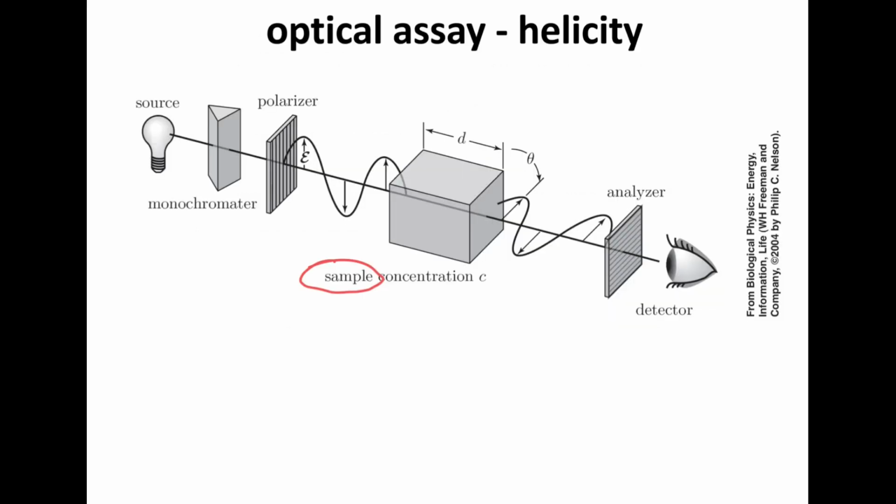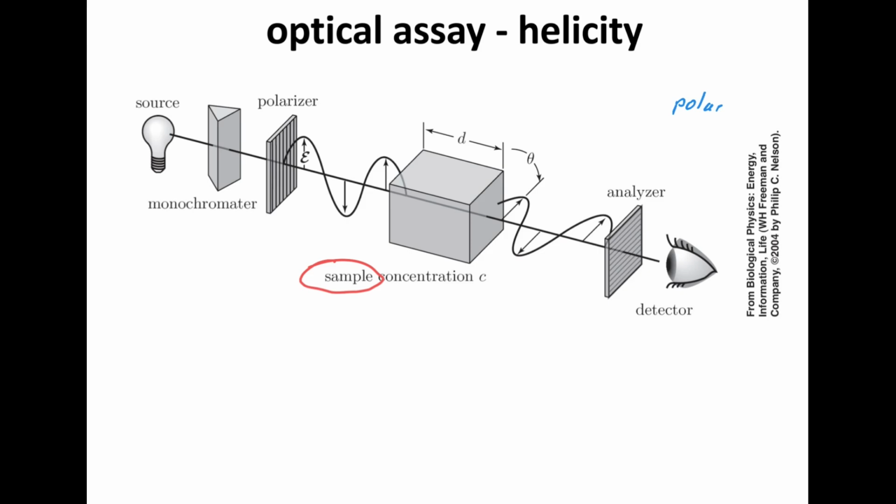Let's briefly discuss first how Anfinsen distinguished folded from unfolded proteins. And for that he used an optical technique. A monochromatic and linearly polarized light source was projected through a sample of length d.